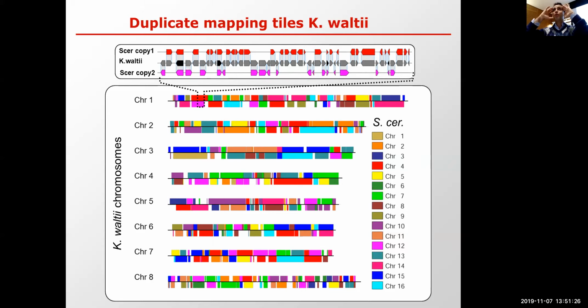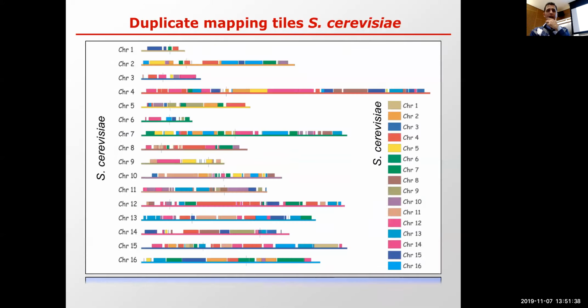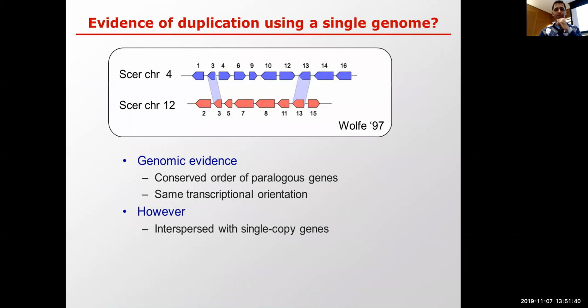And I want you to picture yourself being in that room and saying, has anybody hypothesized this before? Because I was looking at this in front of my eyes. And it turns out that, yes, Ken Wolfe had actually hypothesized that there was a whole genome duplication in yeast about 100 million years ago. Why?